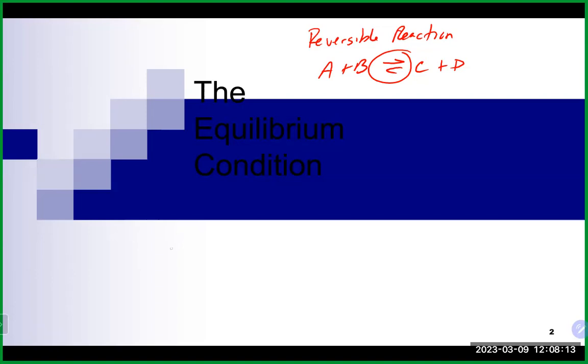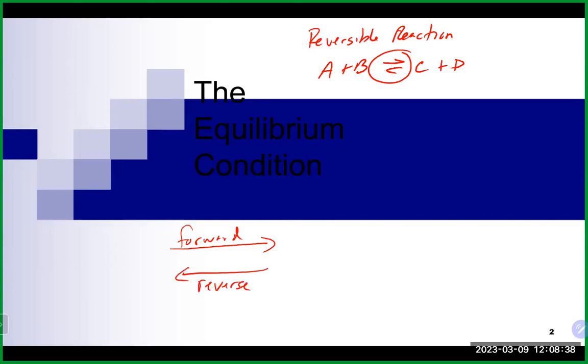It has, again, a forward direction, and in the forward direction, that would be the reactants going to the products. And at some point, you're going to build up enough products that they will decide to start reacting with themselves and head back the other way. And that is what is referred to as the reverse direction.